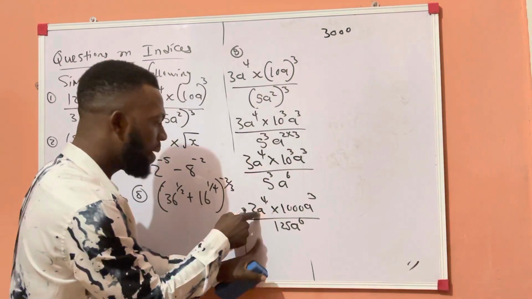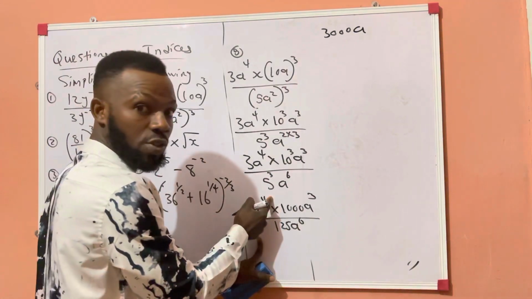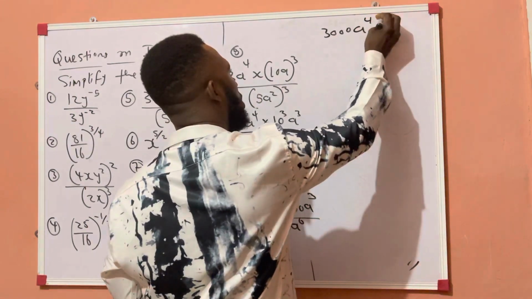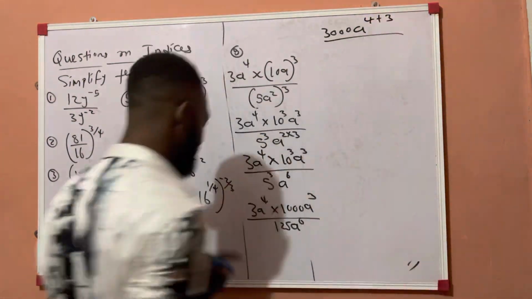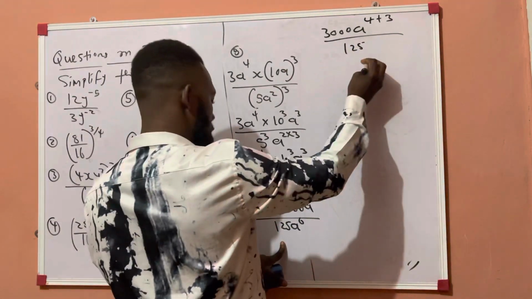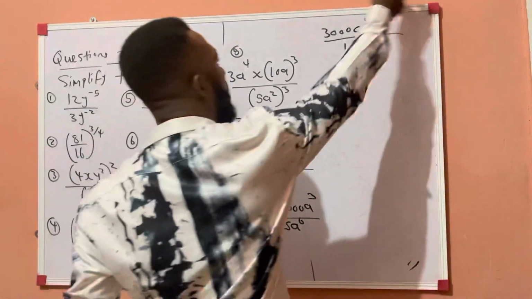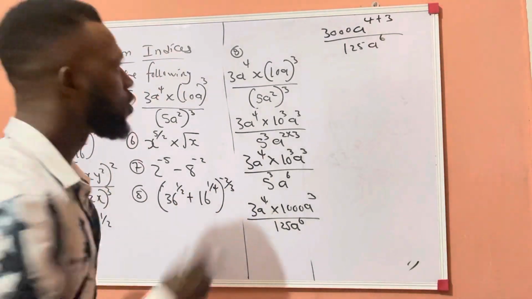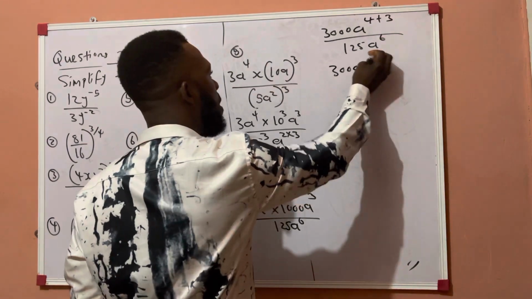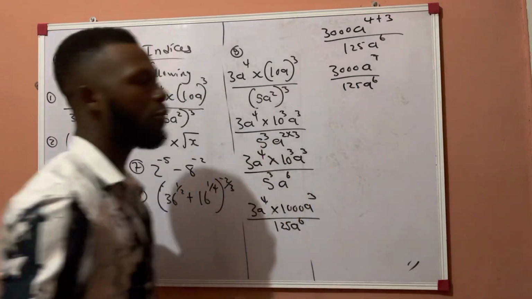So I pick one of the base a. Then what will my times change to? Plus. My multiplication law. So I add the powers together. 4 plus 3 over, what do I have here? 125a^6. Now 4 plus 3 is 7. So here becomes 3000a^7 over 125a^6.